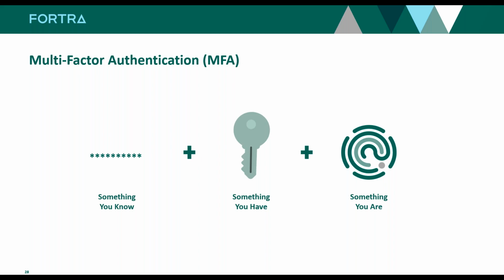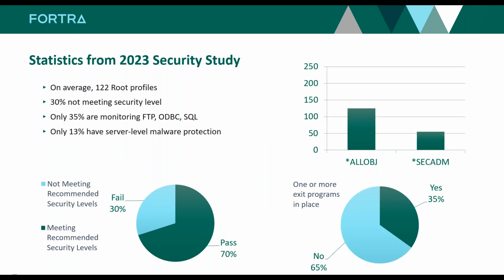Now, you're probably thinking, wow, do we really need to think about all this? And is this really important? Absolutely. When we look back at our State of IBMI Security study data, we've seen some pretty alarming results. This year's data shows we had on average 122 *ALLOBJ profiles on these servers.